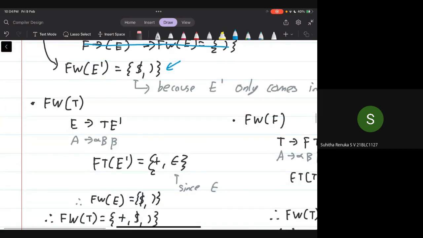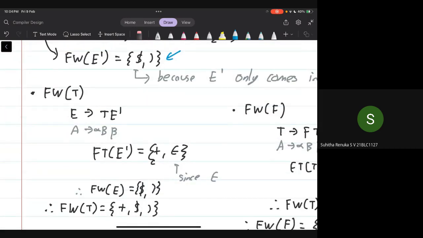Now we are doing it for T. You have to find where it is on the RHS. We got this one: E goes to T E dash. So alpha is epsilon. That's fine.